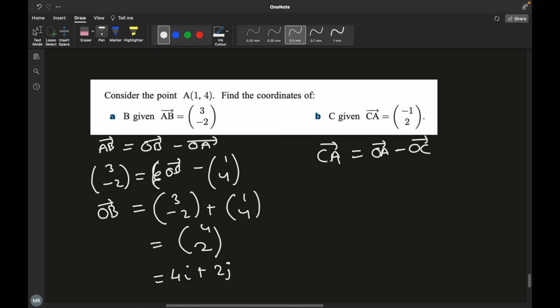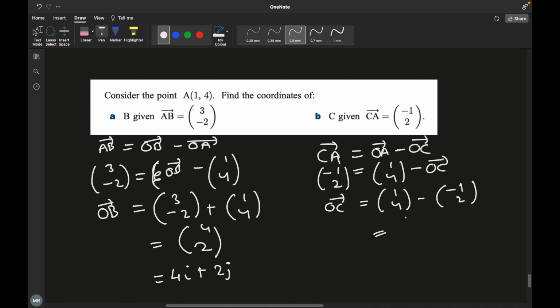It's that simple. So we have CA, which is -1, 2, and then OA is 1, 4, minus OC, which we're trying to find. If we move this to the left-hand side, we get 1, 4 minus -1, 2. It's going to be 2, 2. It's as simple as that.